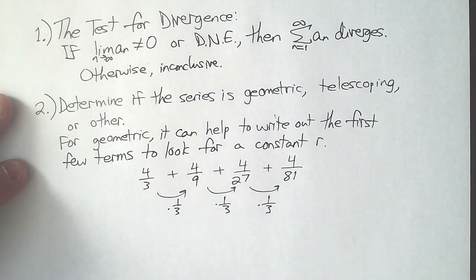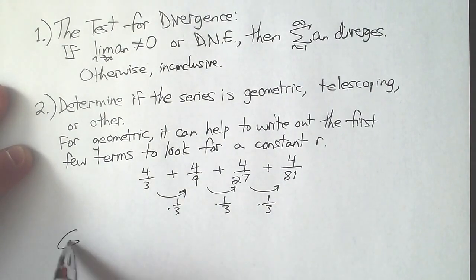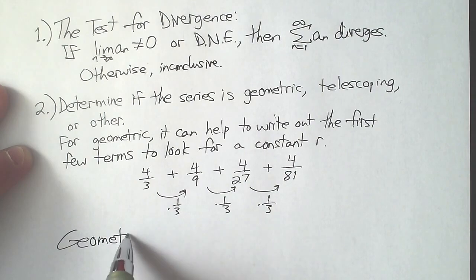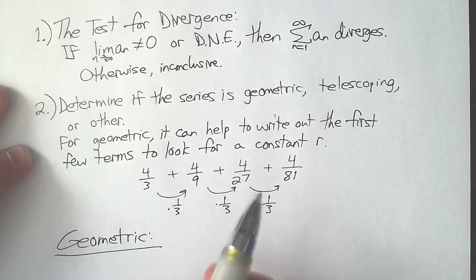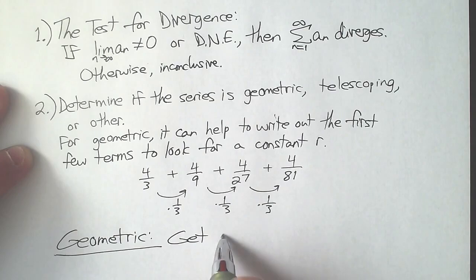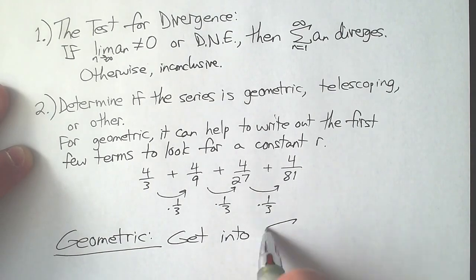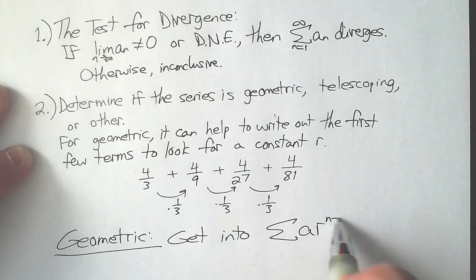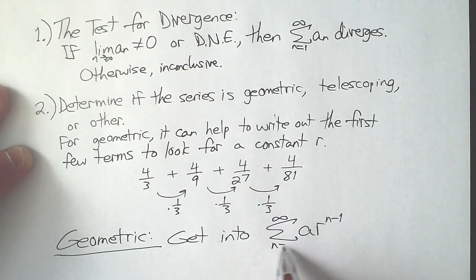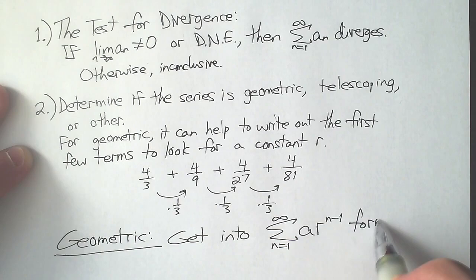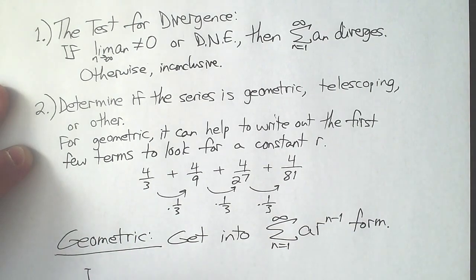If you identify that it's geometric, what do you do? Well, for geometric, get it into this form and then use the rule.